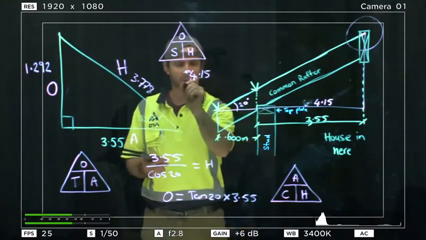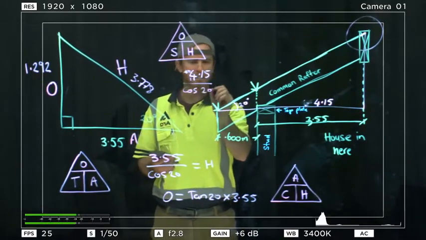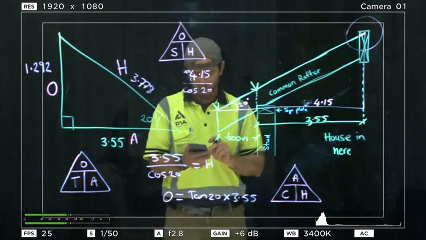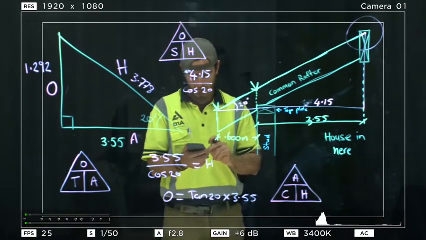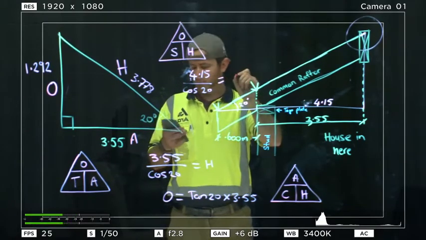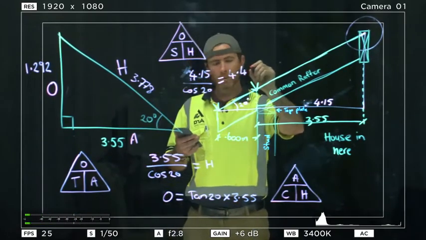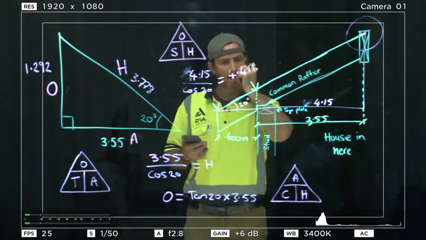We're going to divide it by cos the angle, so 4.15 divided by cos 20 equals 4.416.